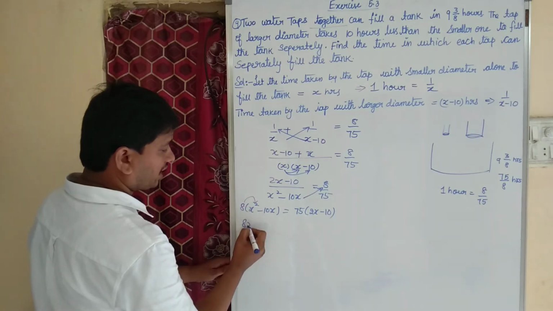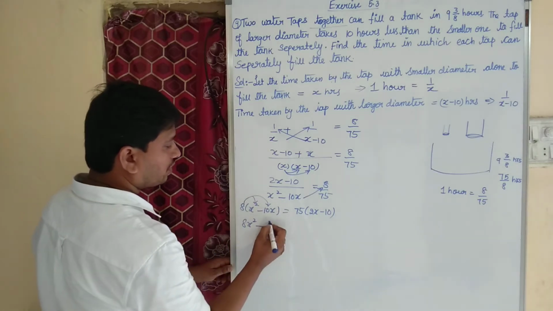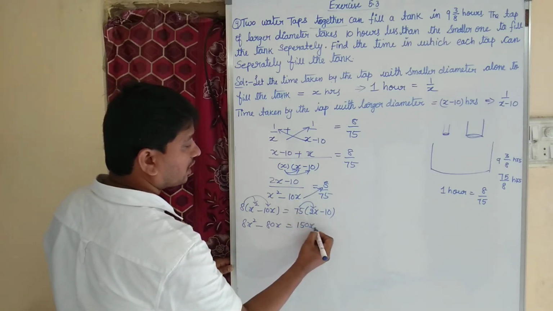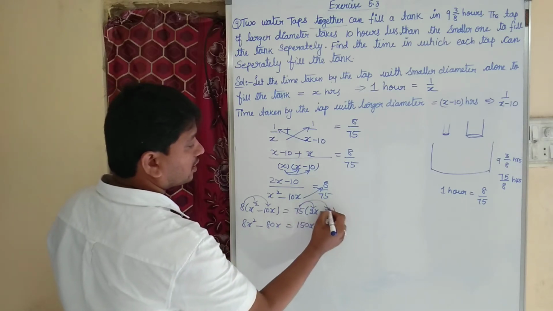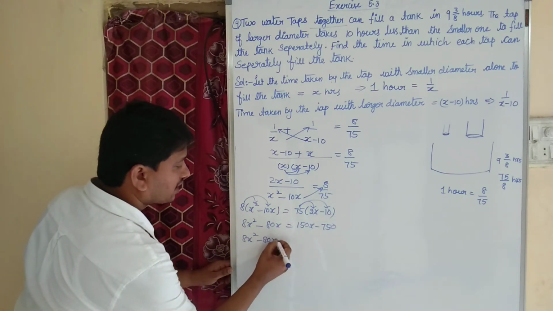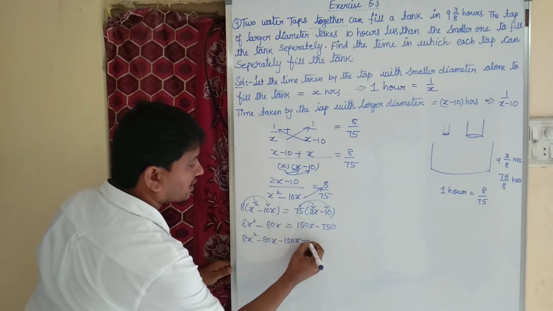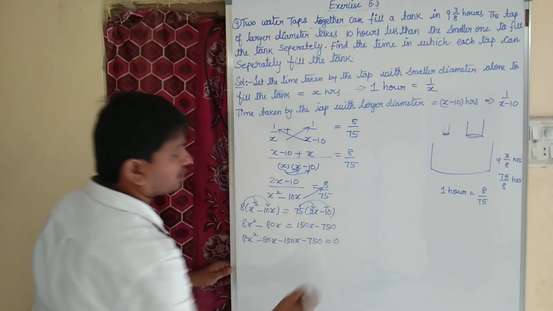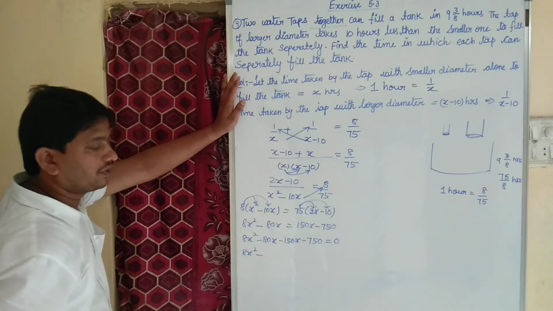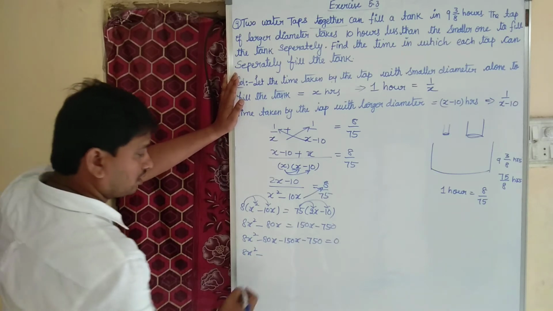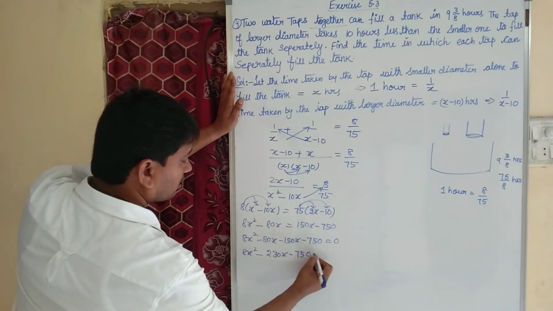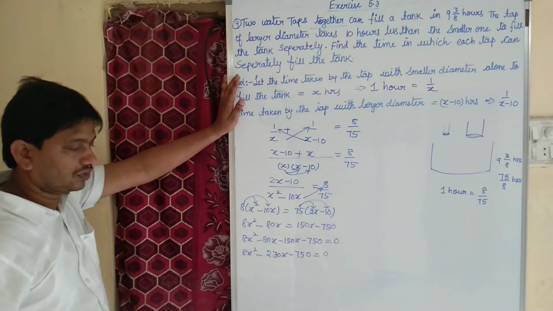So 8x square minus 80x equals 150x minus 750. Transpose, children: 8x square minus 80x minus 150x plus 750 equals 0. So 8x square minus 230x plus 750 equals 0.